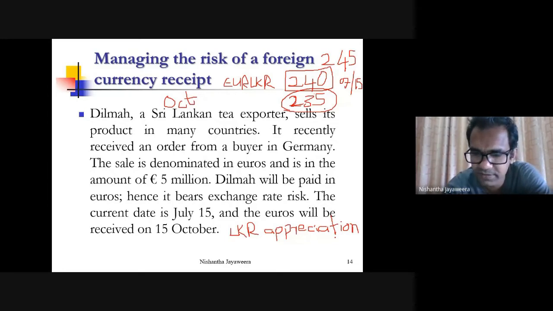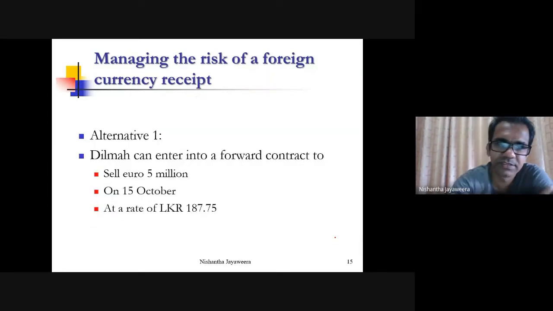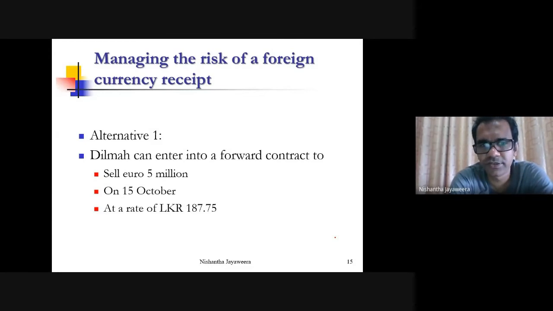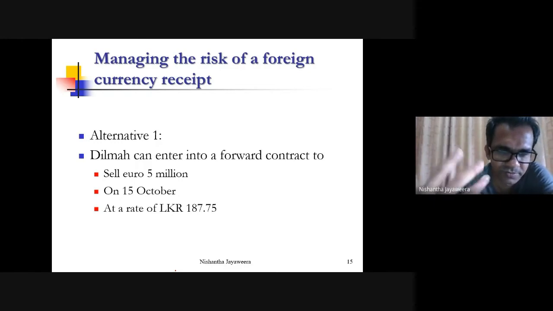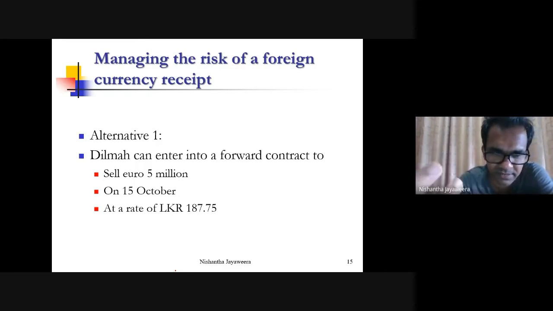Okay, if we take the first alternative, the exporter can enter into a forward contract to sell euro 5 million. Remember, because the exporter is receiving euro, he is having an asset. He's going to receive foreign currency. He is in a long position in euros.